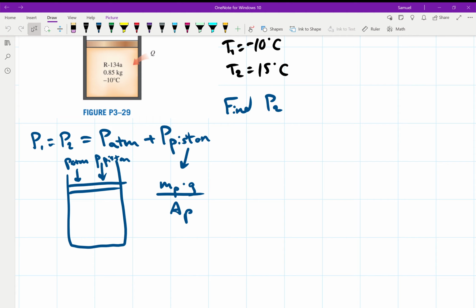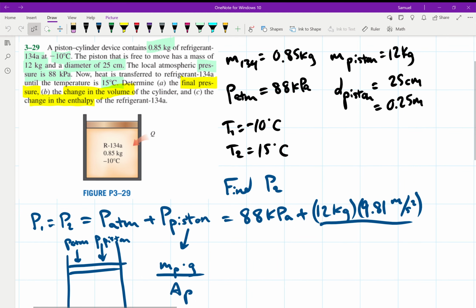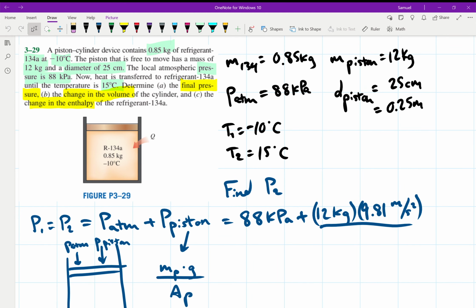So plugging in, we were given that the atmospheric pressure was 88 kilopascals, plus the mass of the piston was given as 12 kilograms. We'll take gravity to be 9.81 meters per second squared, divided by the area. We know that this is the area of a circle because we were told that it has a diameter.